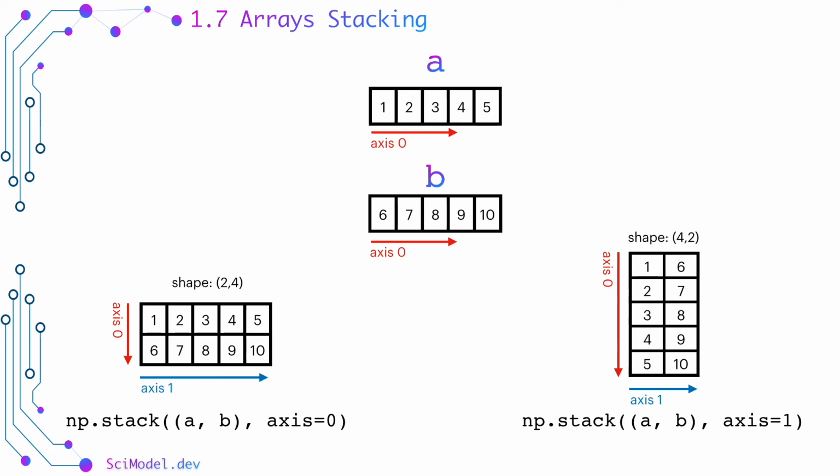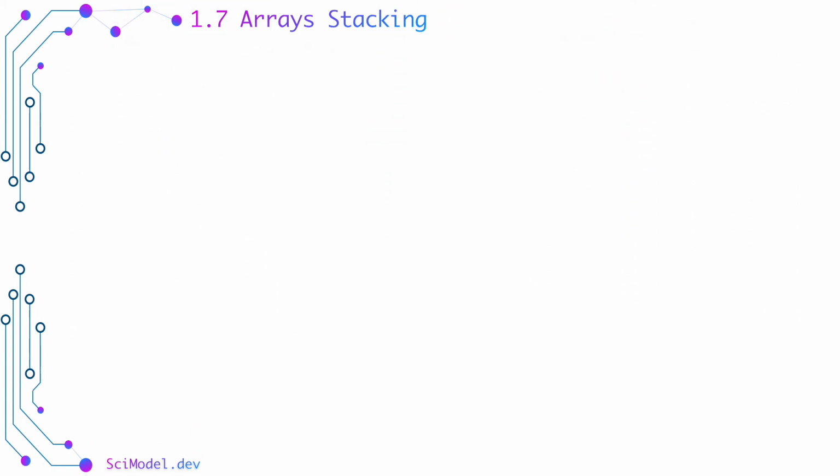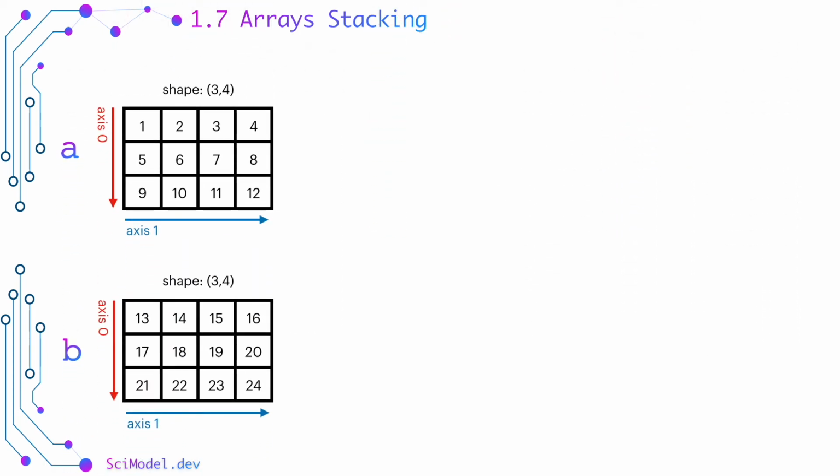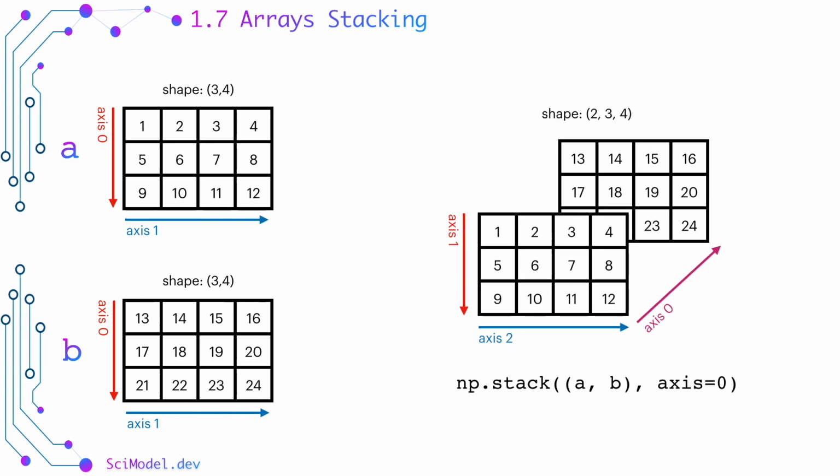Now, let's look at stacking two-dimensional arrays. Stacking two-dimensional arrays will result in a three-dimensional array. So the specified axis in the stacking method refers to the axis as defined in a three-dimensional array. In the first case, stacking along axis 0 as defined in the resulting three-dimensional array stacks arrays A and B depth-wise.